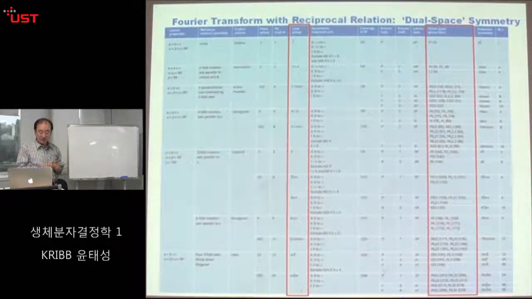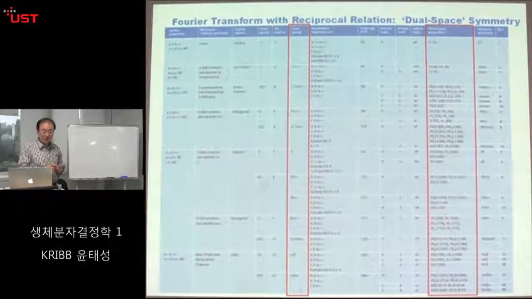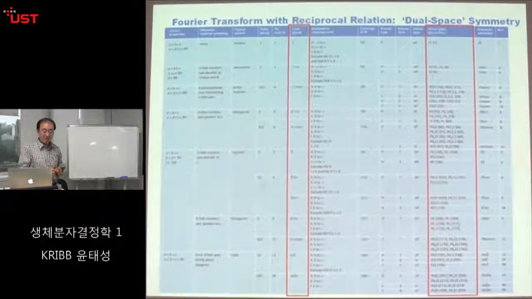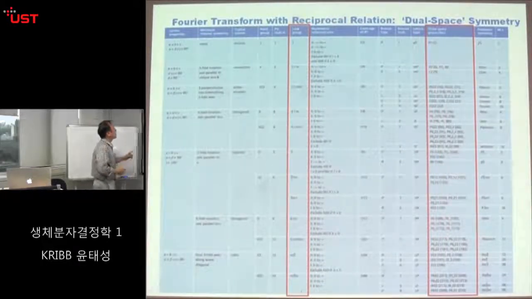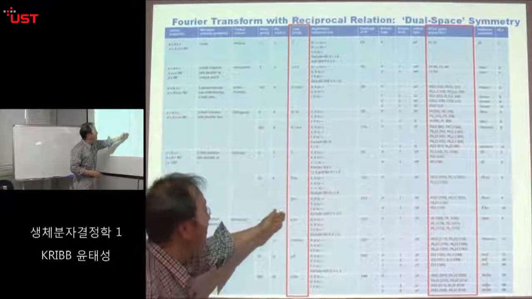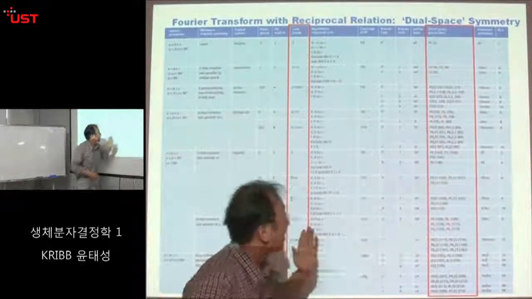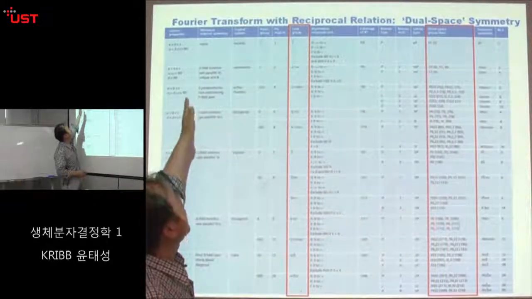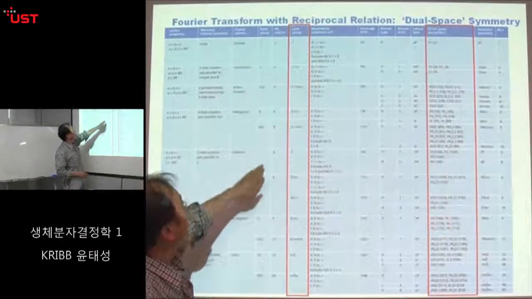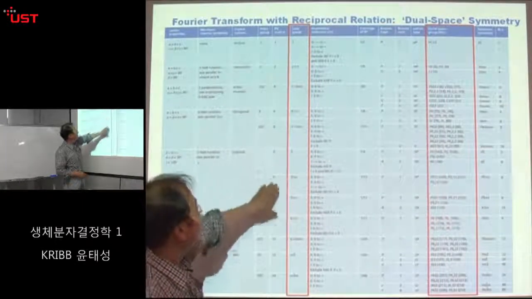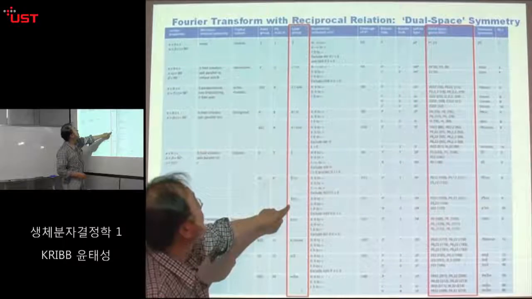Before that, I'd like to remind you of a table. We will discuss this table at the end, but take notice of these two columns, this column and this column. Right now, I'll not describe anything at the top, but look at these two columns.